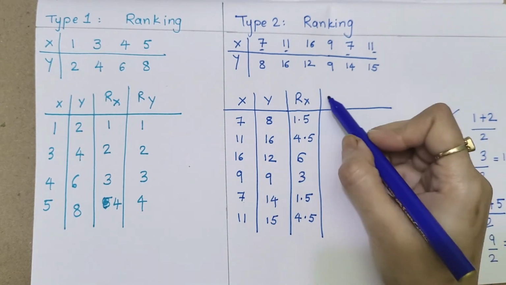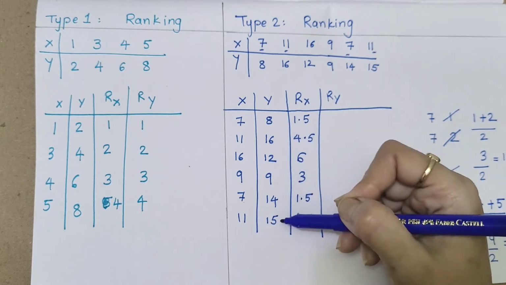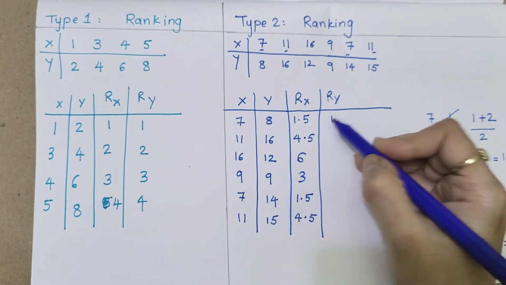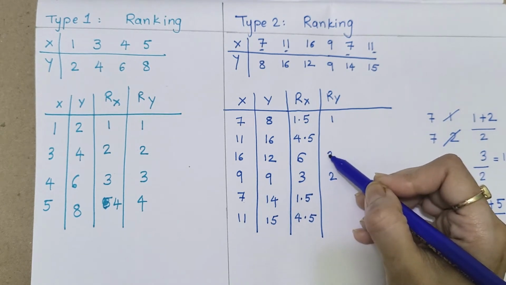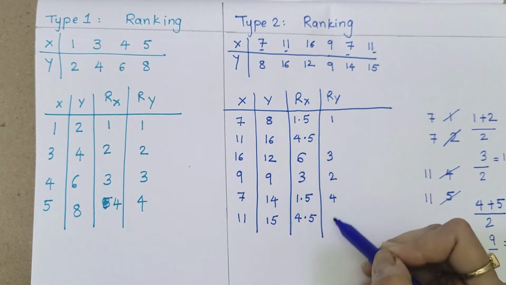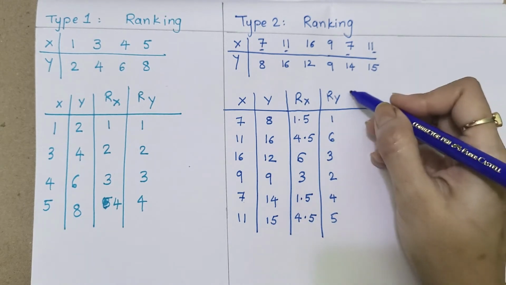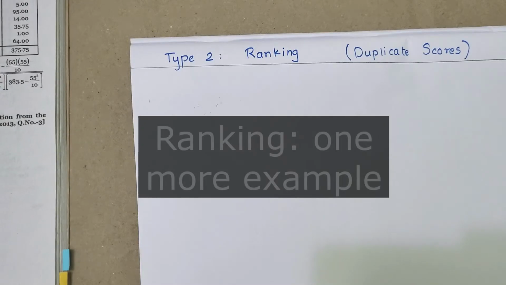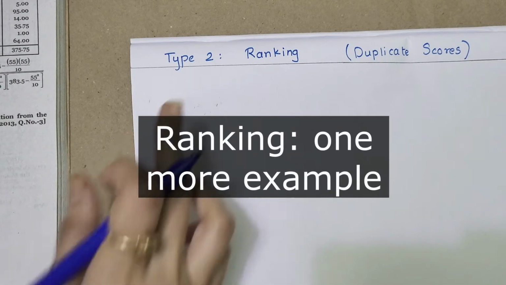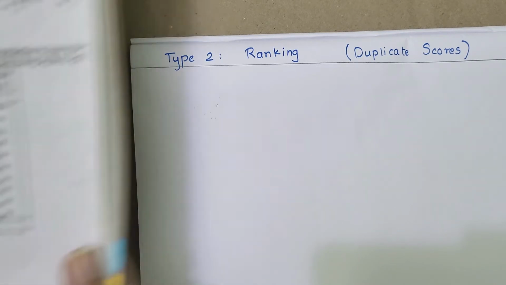Now in the case of Y, that is the ranks for Y, it is straightforward, no duplicates are there. So 1, then 2, 3, 4, 5 and 6. It's very straightforward for Rx and Ry. Let's take one more example for type 2 ranking so that you understand it perfectly.